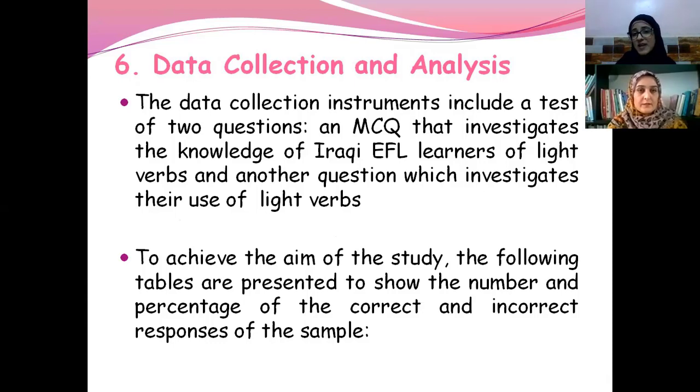The data collection instruments include a test of 2 questions. One of them is at the recognition level, consisting of an MCQ question that investigates the knowledge of Iraqi EFL university students of light verbs. The other question is at the performative level, and it investigates the use of light verbs by Iraqi EFL university students.